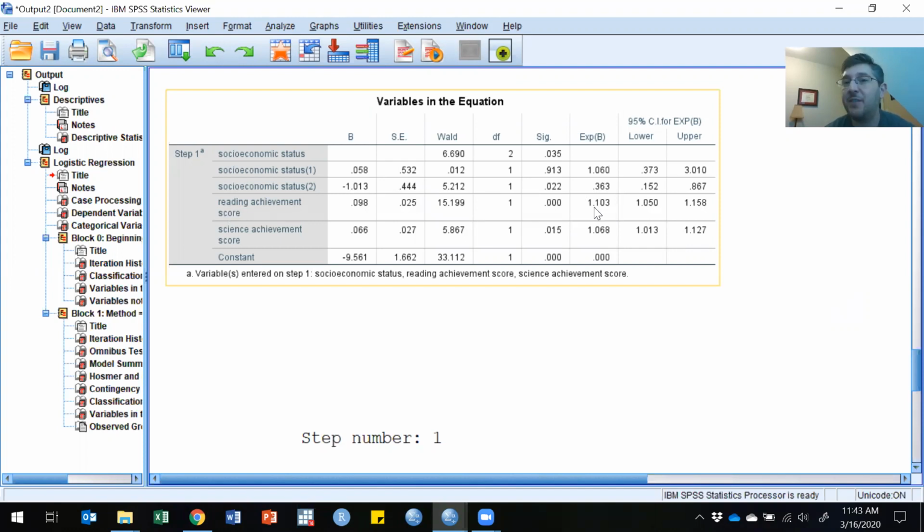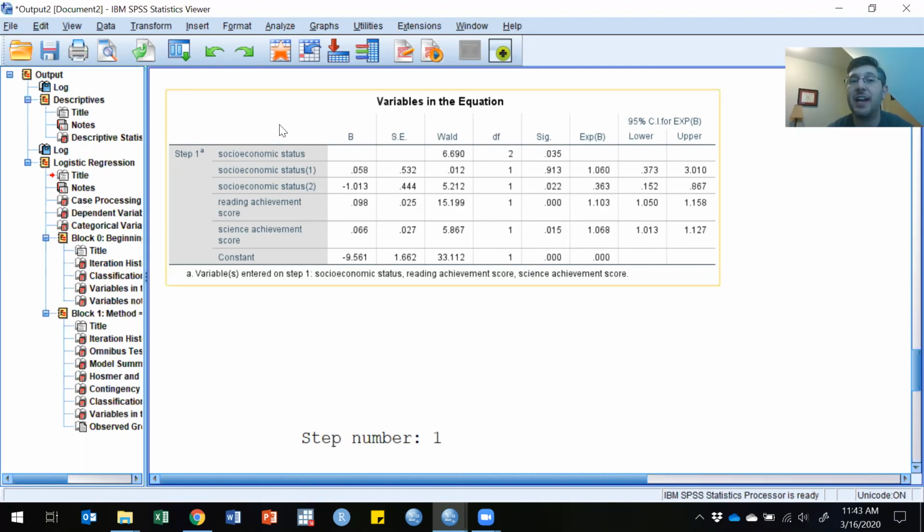I get that from the first 2 decimal places behind the 1. A 1 unit increase in science achievement score corresponds to about a 6.8%, or 7%, increase in the odds of being in the honors composition course.